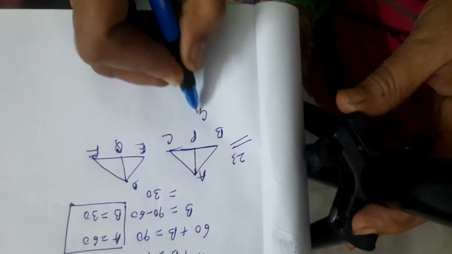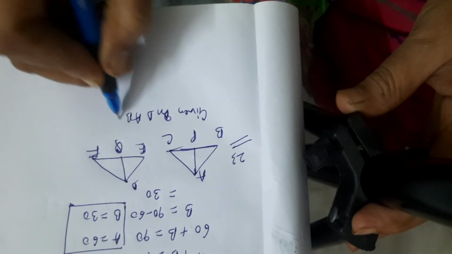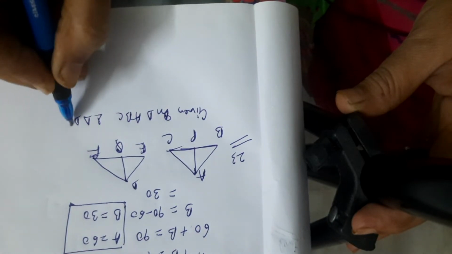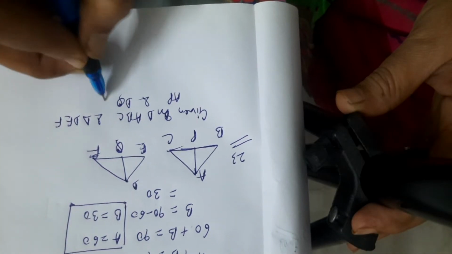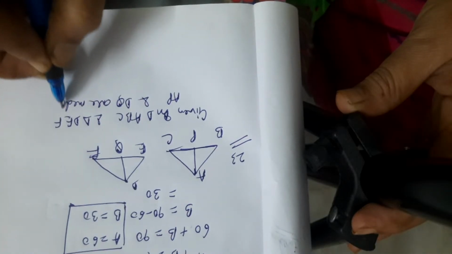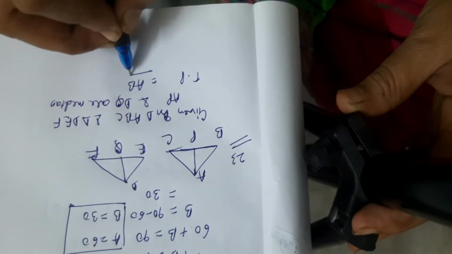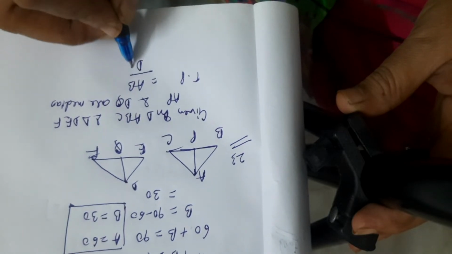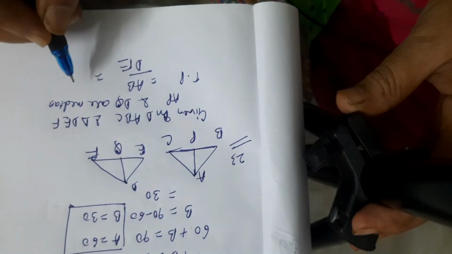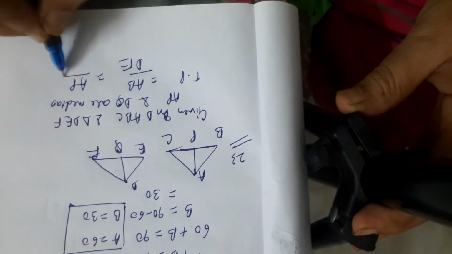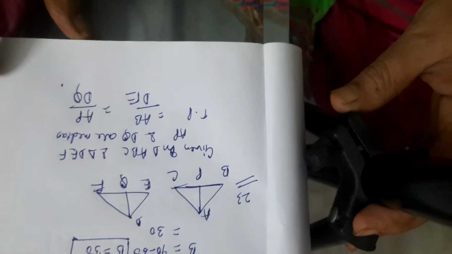AP is median and DQ is median of the other triangle. So let's write out the given. Here it is given in triangle ABC and triangle DEF, AP and DQ are medians. You need to prove AB upon DE is equal to AP upon DQ, so that you make the ratio of sides equal to that of the medians.